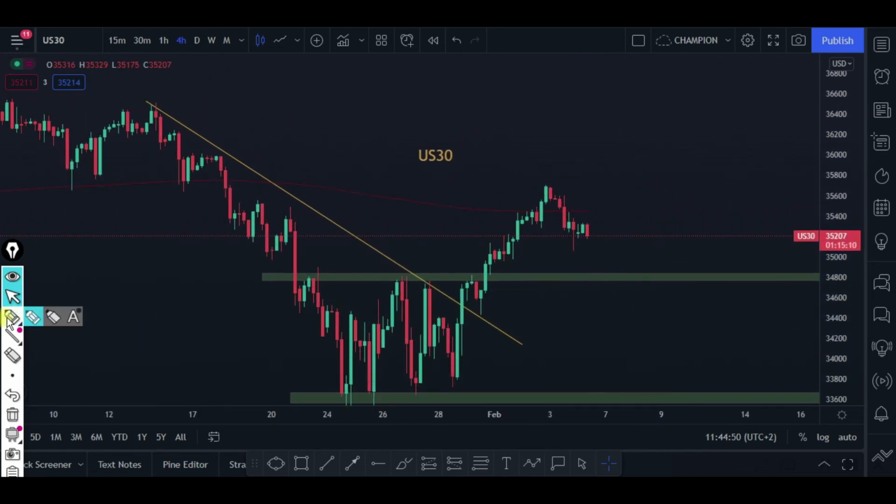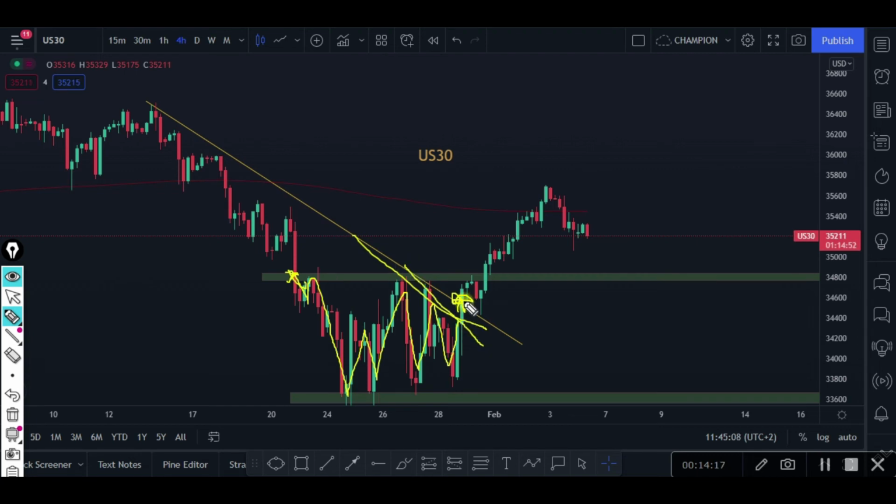I hope you are able to see what I'm showing you. The price came, broke out of this area and gave us this consolidation. We pushed and broke out of this diagonal resistance, retested and pushed high.